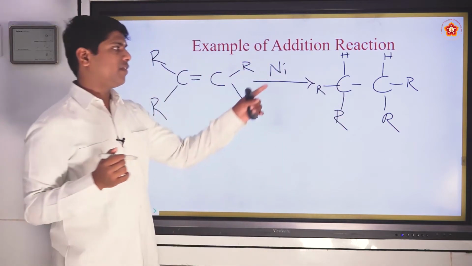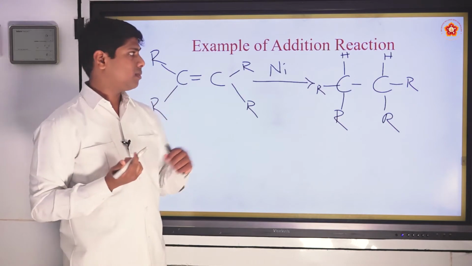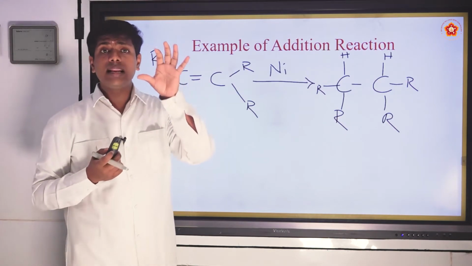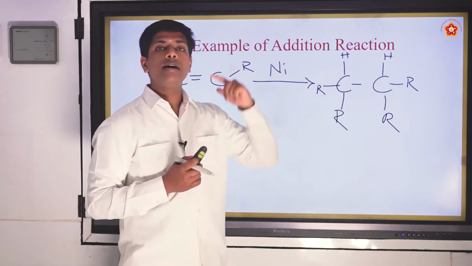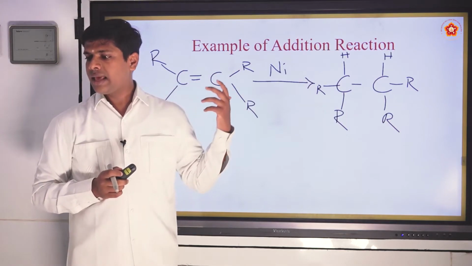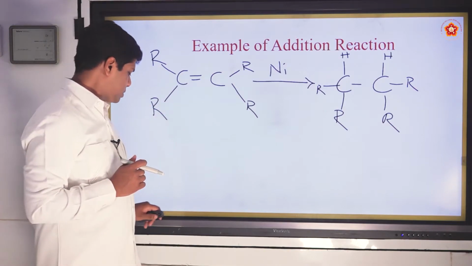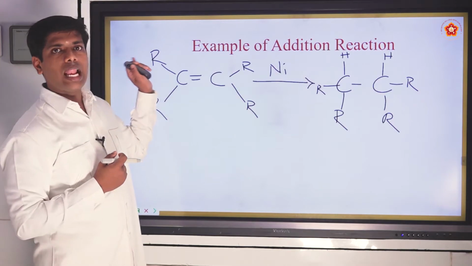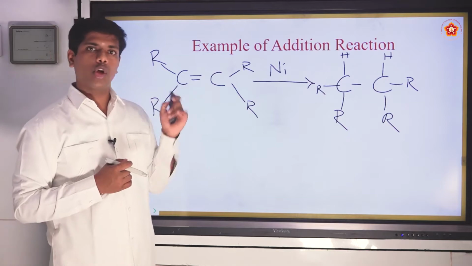This is the compound where R is alkyl or aryl group. Here you have to remember, what is addition reaction? Unsaturated hydrocarbons are converted into saturated hydrocarbons. This is the general equation. You have to remember this. Next, this is the example. Please note down, where R is alkyl or aryl group. Please note down this equation.